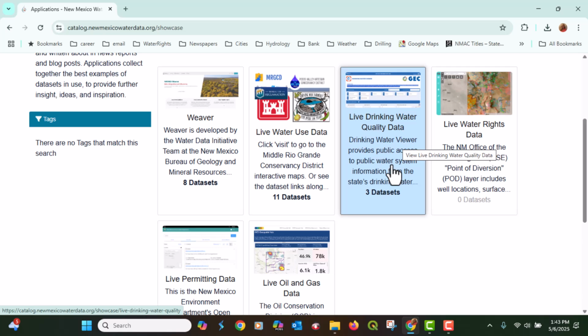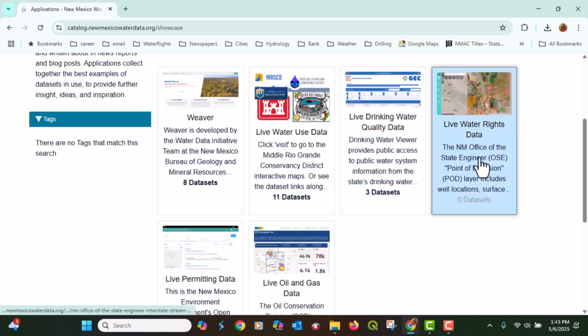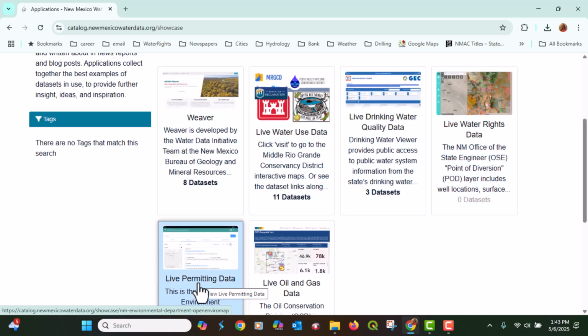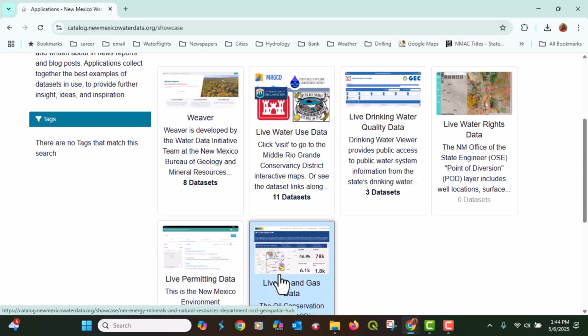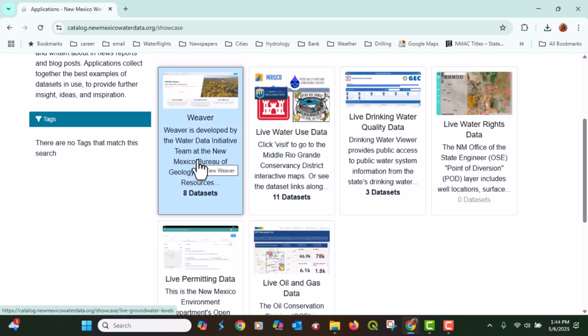So I think it's Water Watch. You can look there. This is a link that will take us to the live water rights data with the New Mexico Office of the State Engineer, including the well locations. And here is a link to go to the Environment Department to see their permitting data on discharges and live oil and gas data. But today I'm going to explore the Weaver.